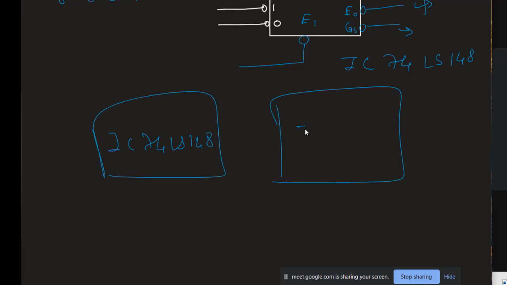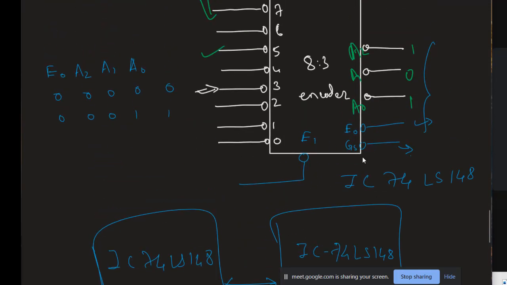If I have these 2 ICs, I can cascade them together. I can join them together with the GS pin. You don't need to bother about their connection at all. You only need to know that there will be 5 different outputs: 3 will be your actual output and 2 will be enable outputs. Is it clear? You don't need to go into the detail of that IC.